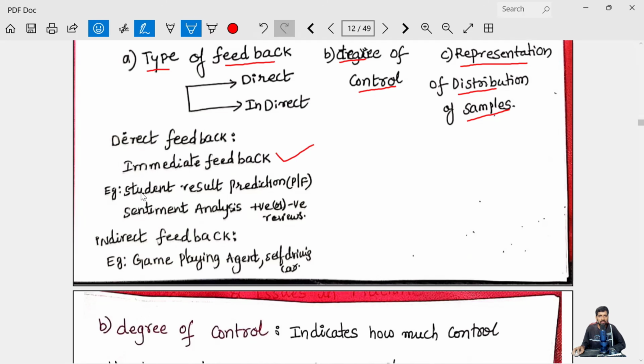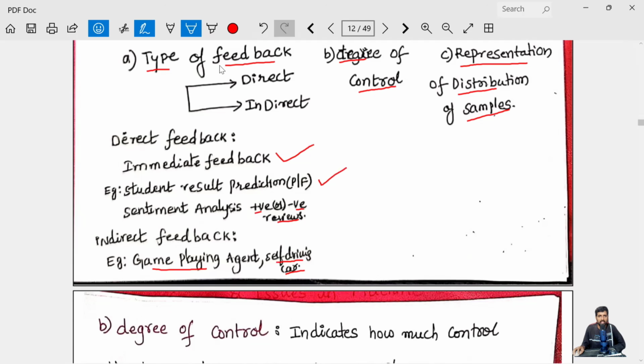The examples are student result prediction, pass or fail, and sentiment analysis, whether the data is positive or negative reviews. With indirect feedback, the examples are game playing and self-driving car.